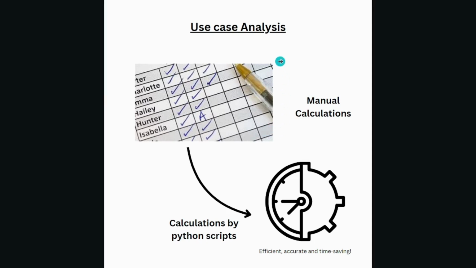Relying on manual calculation can be unreliable, especially if we are working with a large data set. So if we do the calculations with Python scripts, it will not only provide a reliable medium for the physical attendance that has been uploaded, but will also be efficient, time saving, and accurate.